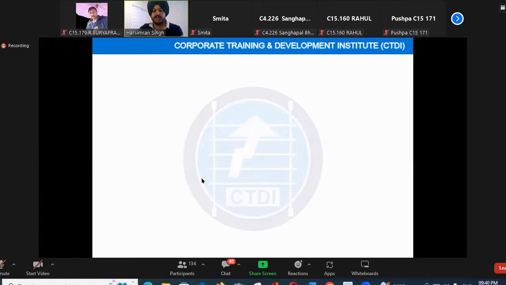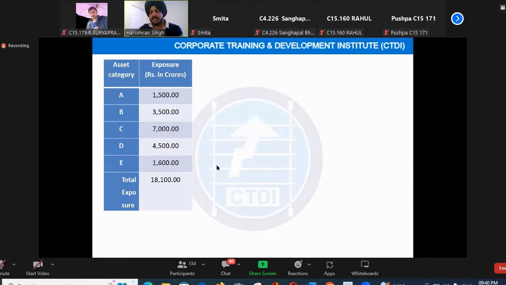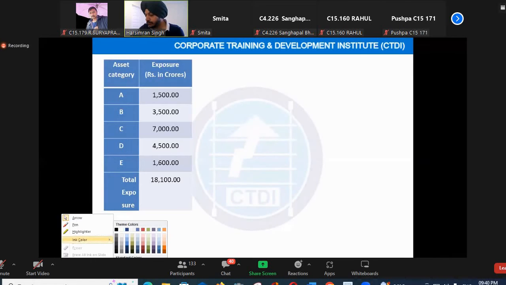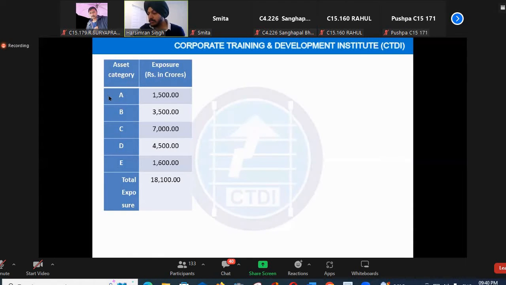This question is given in the case study book. First step: here are my asset categories. I can write it here again for you. Corporate, sovereign, banks, retail, or equity.